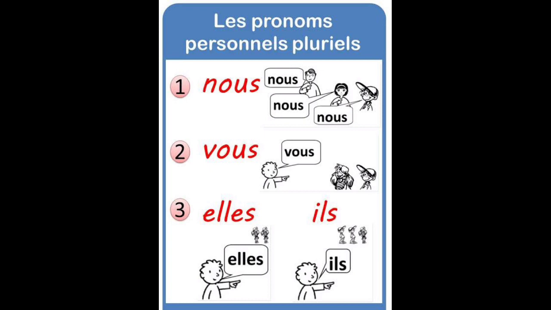To talk about a masculine group, we use il with S. And to talk about someone that they are girls, we use elle with S. The equivalent in English is they. But in French, we have the choice between feminine and masculine. So that's it about the pronouns.